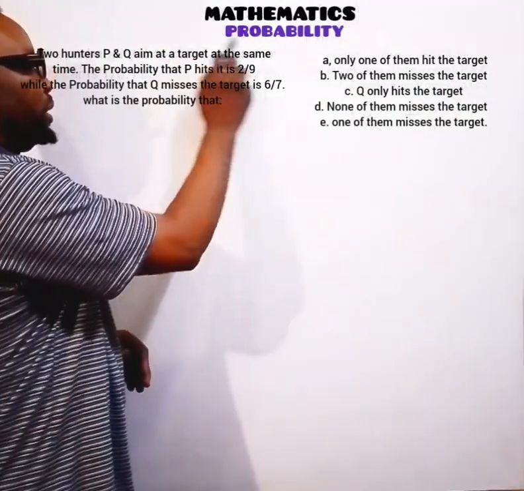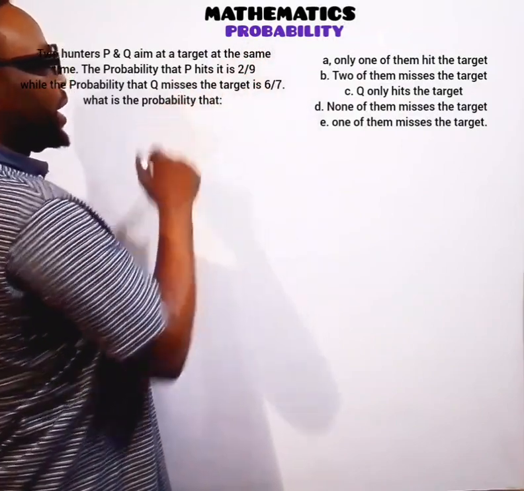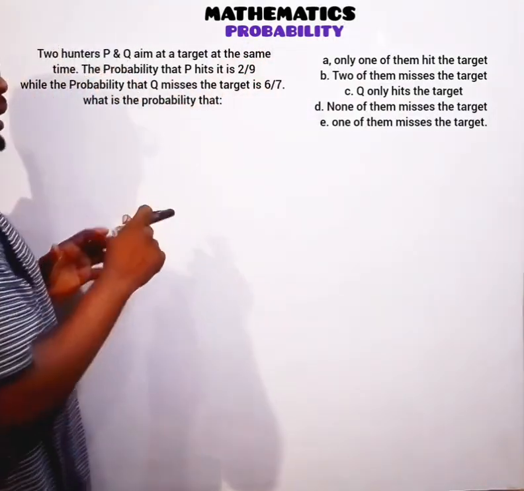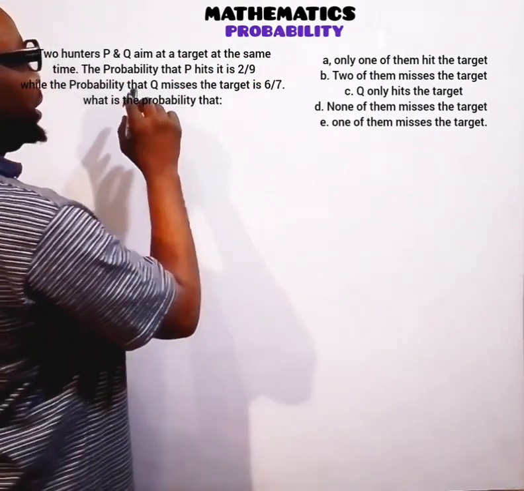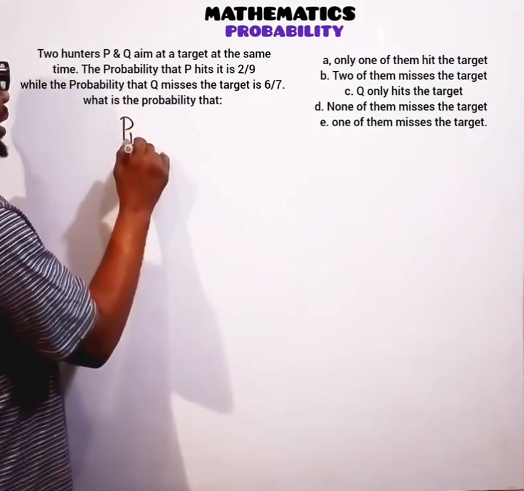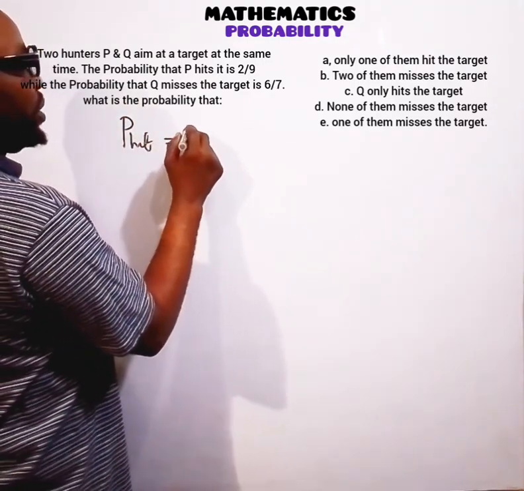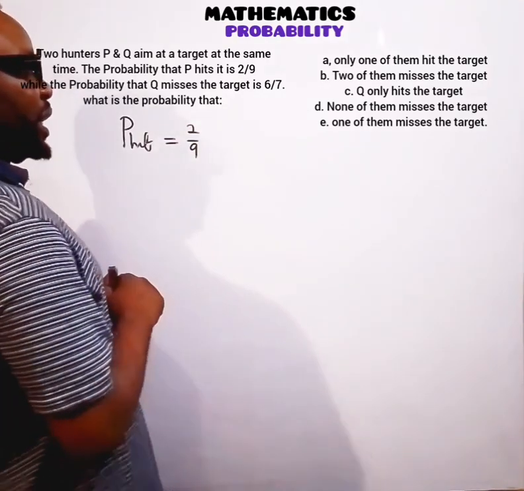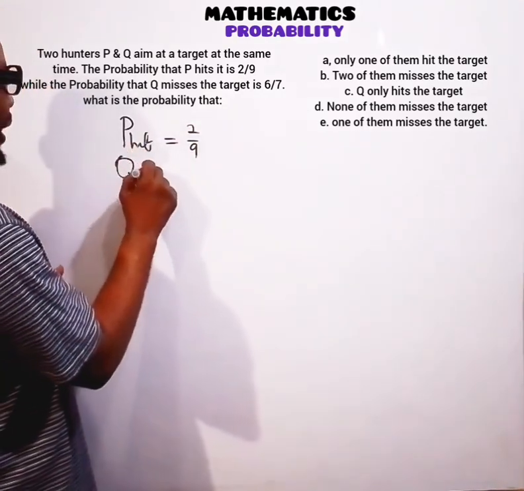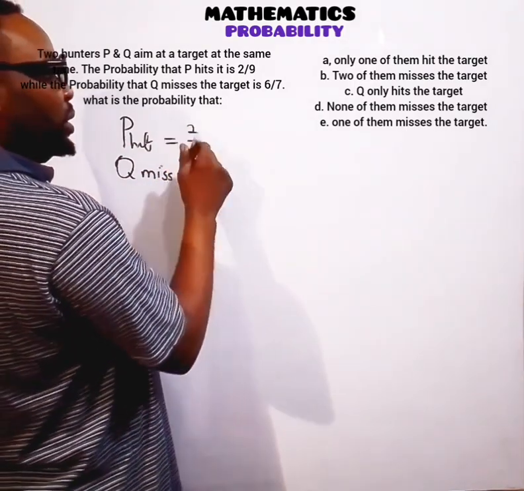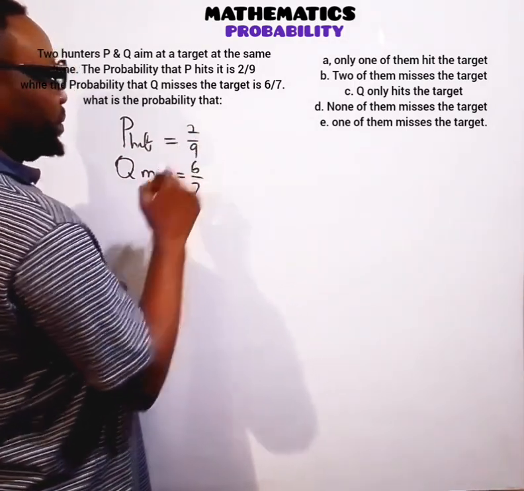The 2 hunters, P and Q, aim at a target at the same time. I'm reading the question now. The probability that P hits the target is 2 over 9, while the probability that Q misses the target is 6 over 7.